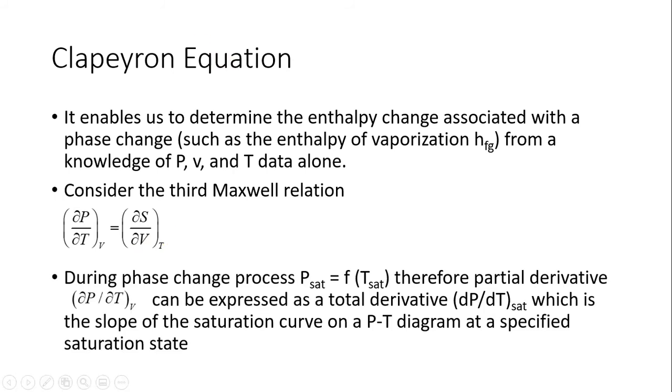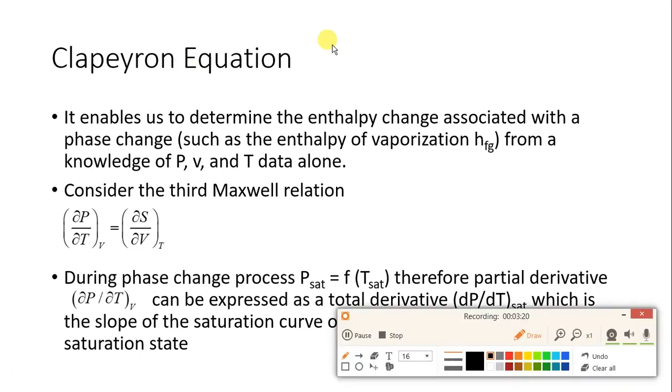Now during phase change, as we just discussed, let me explain that part again. During phase change from f, which is liquid, to g, which is gas, it depends on pressure and temperature. The corresponding pressure where the phase changes is known as Psat, and the corresponding temperature is known as Tsat.